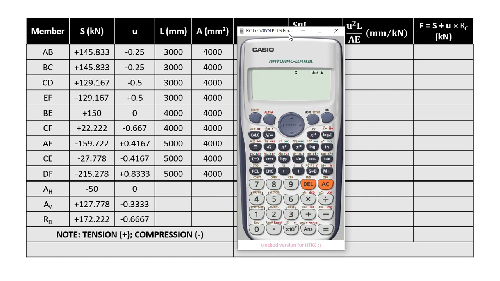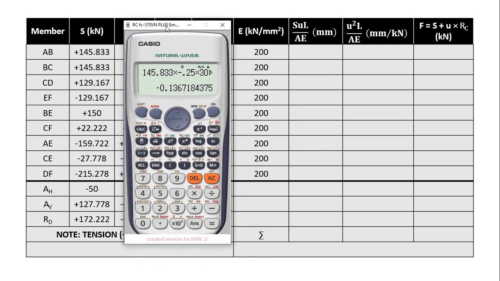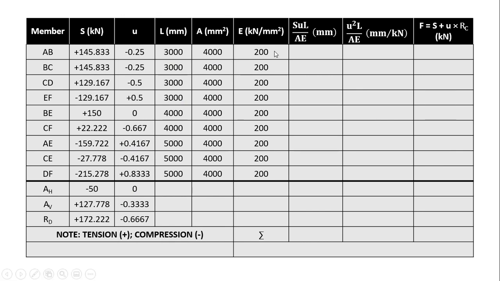Paano ito? So, we have 145.833 times negative 0.25 times 3,000 divided by 4,000 divided by 200. So, that's roughly negative 0.1367. Mas maganda kung gagamit kayo ng saktong values, no? Okay, balik tayo sa ating table.